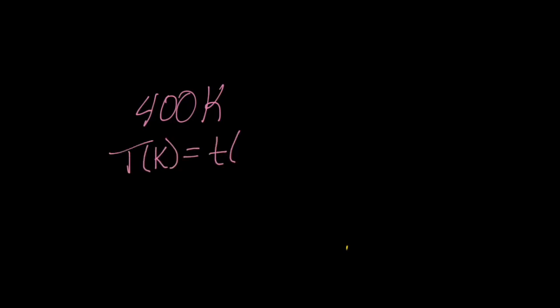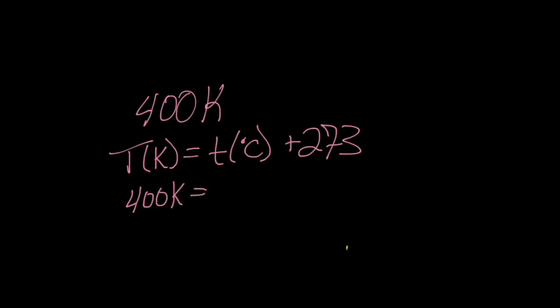The other way you could do this is if I gave you a temperature in Kelvin, like 400 Kelvin, and I wanted to know what that equals in degrees Celsius. Well, we'd use the same formula, right? Temperature in Kelvin equals temperature in degrees Celsius plus 273. So we would have 400 K equals temperature in degrees Celsius plus 273.